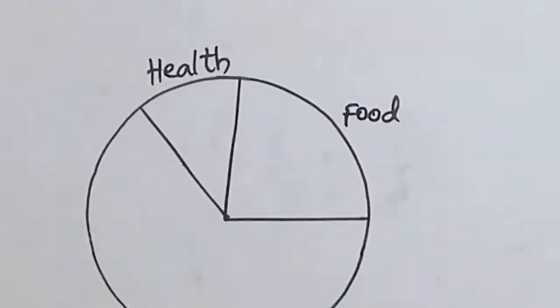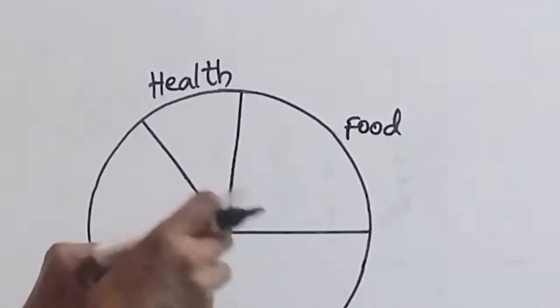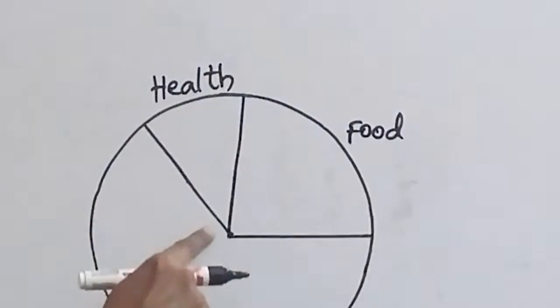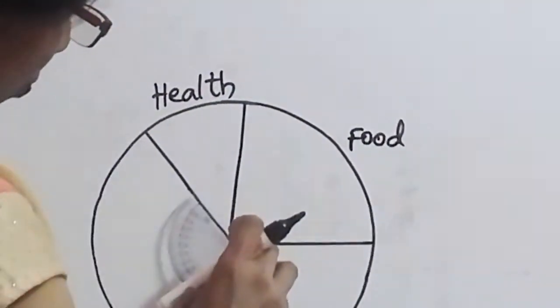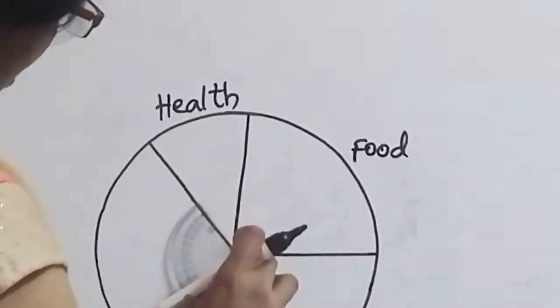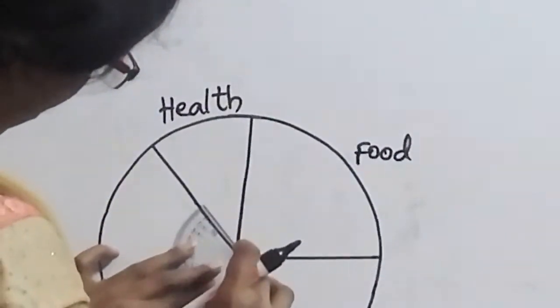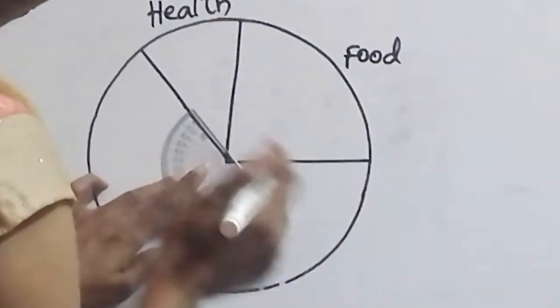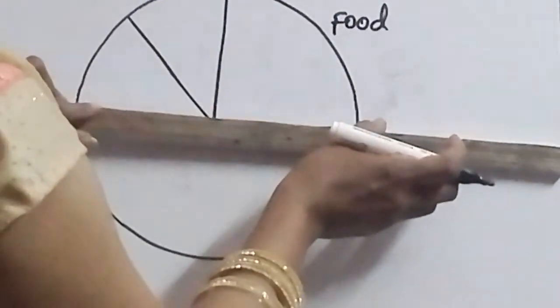Now next, clothing is 42 again. So use your protractor. Rotate your protractor such that this becomes the baseline. Touch the baseline of the protractor with the baseline of the health. Okay, 42. Let us take this. 42 is the baseline.